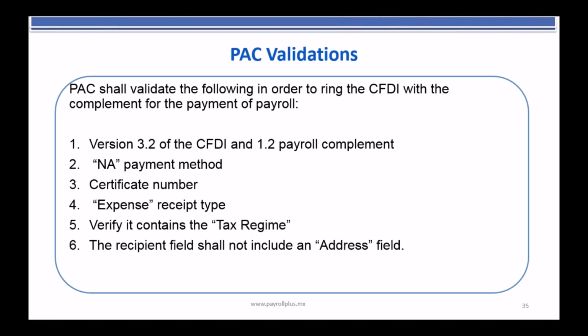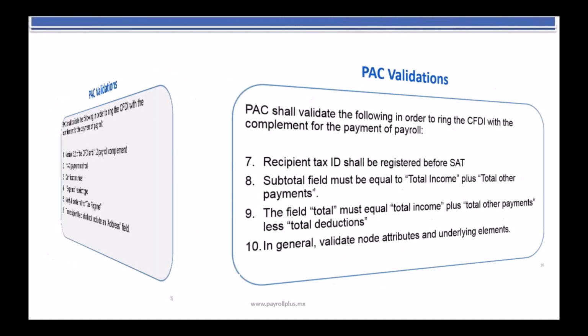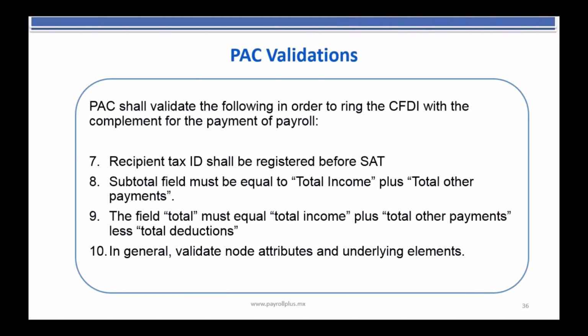Verify that it contains the tax regime of the employer and that the recipient field does not include an address field. Also, another thing that they are going to validate is that the recipient's tax ID shall be registered before the tax authority.